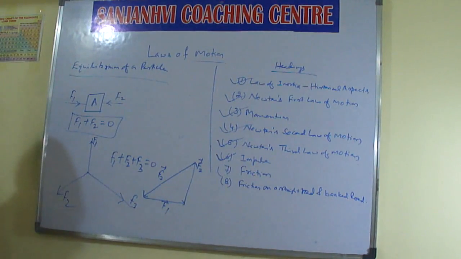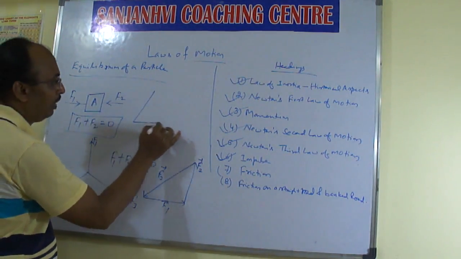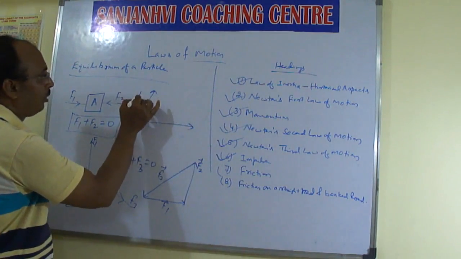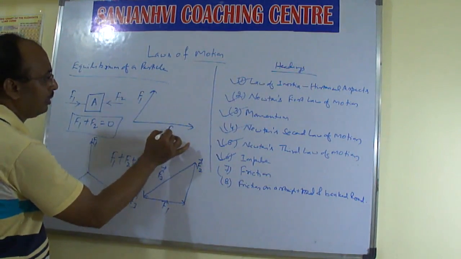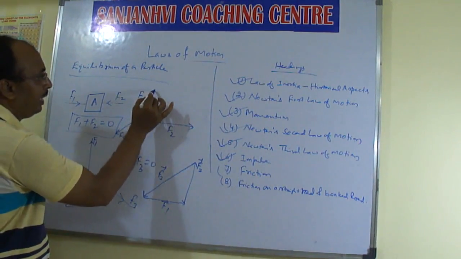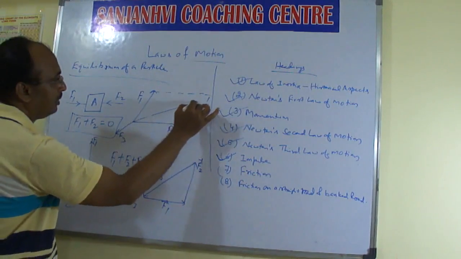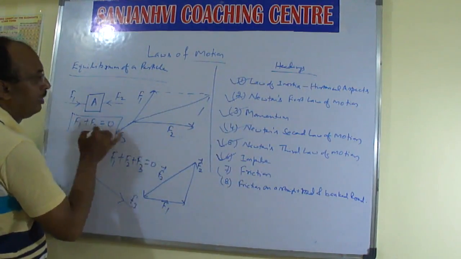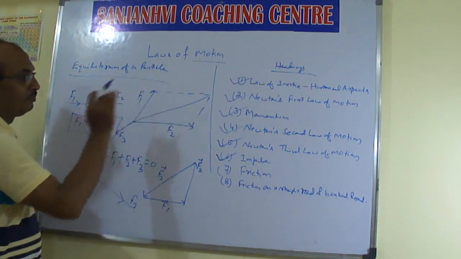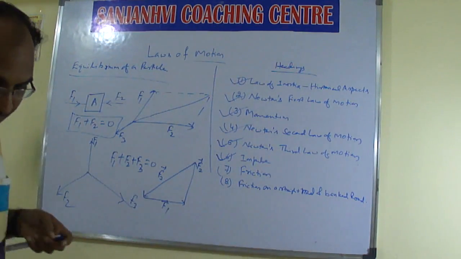Either we can go for triangle law of forces or parallelogram law of forces. Parallelogram law of forces, which we have already studied: F1, F2 and suppose F3 is acting in this direction. So this is called equilibrium of a particle.